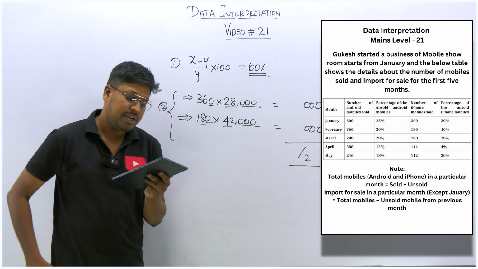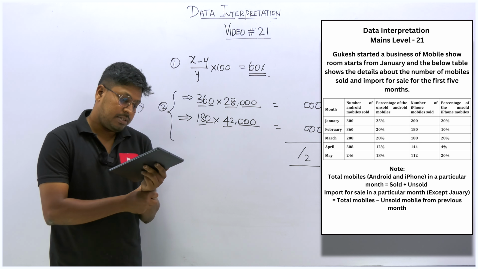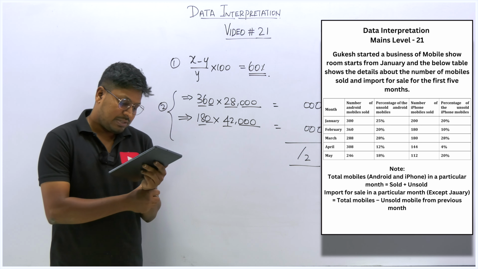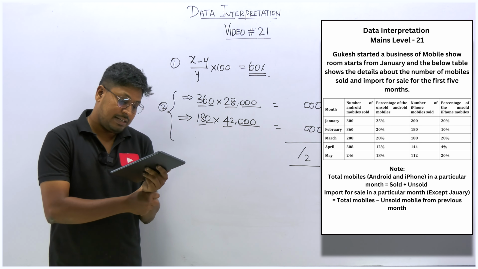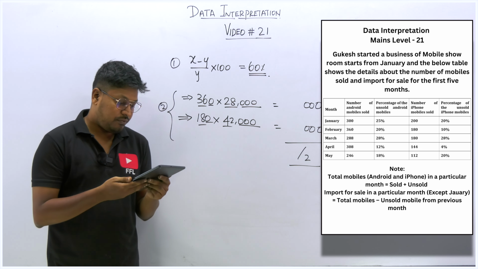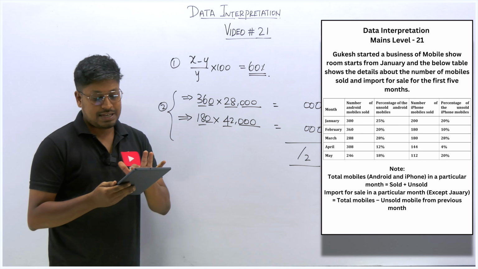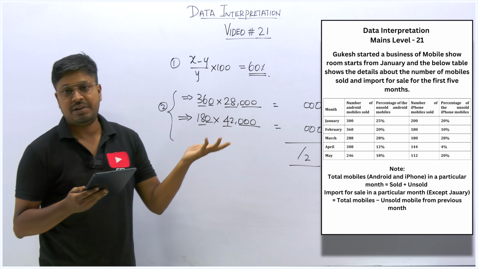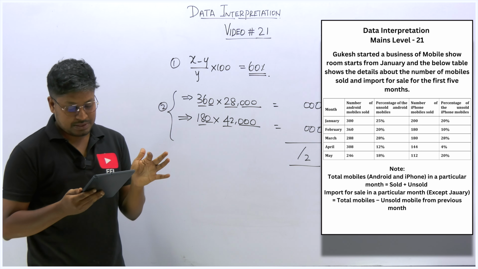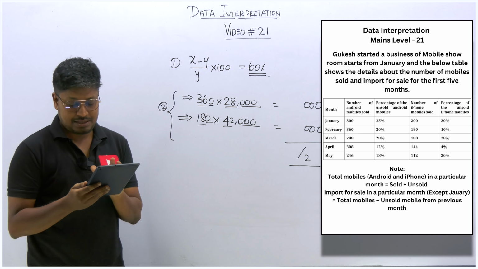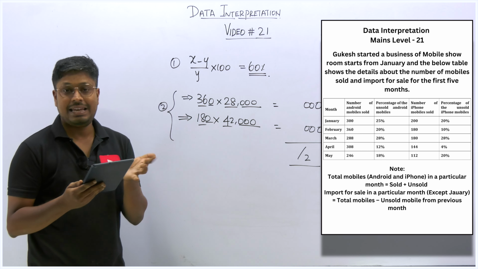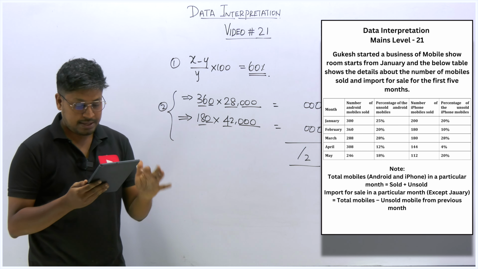So we need to find the second lowest. We have all the values in the table chart, and for January they have directly given 520. So it is easy. The answer is April month, which is the second lowest, 318. I have given the solution as well.